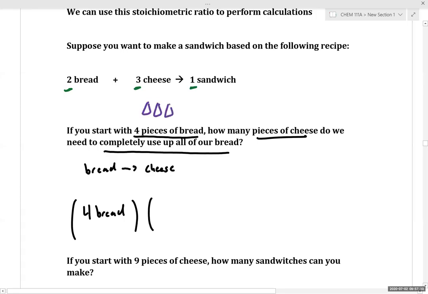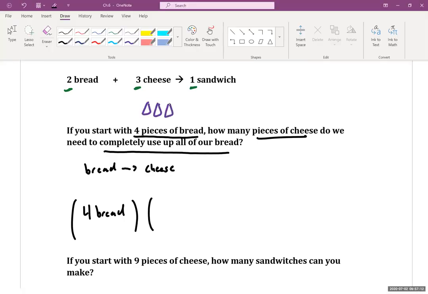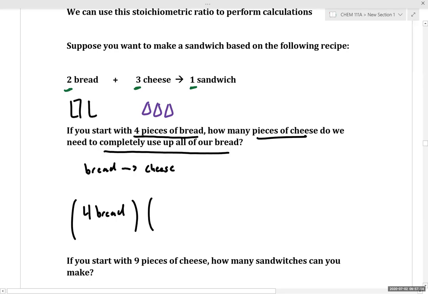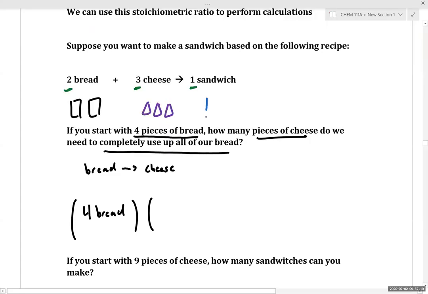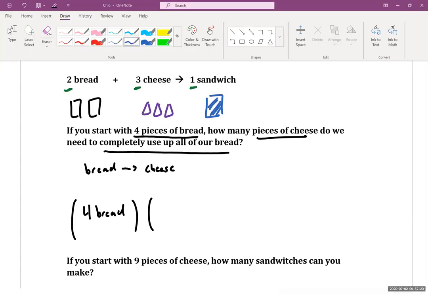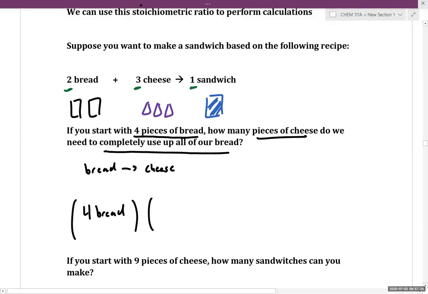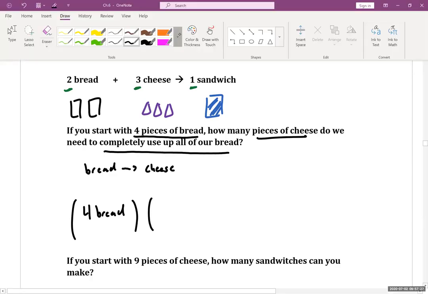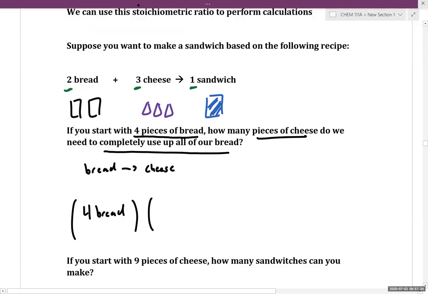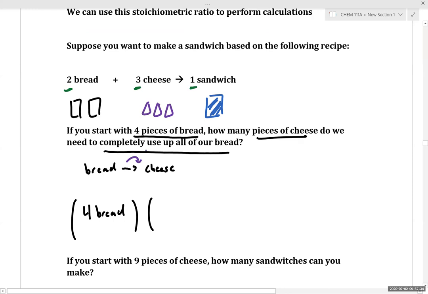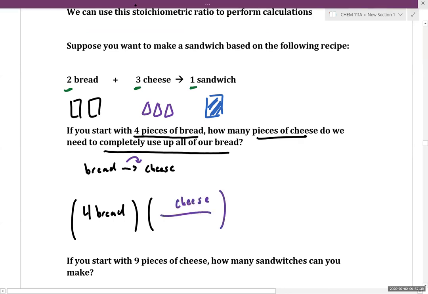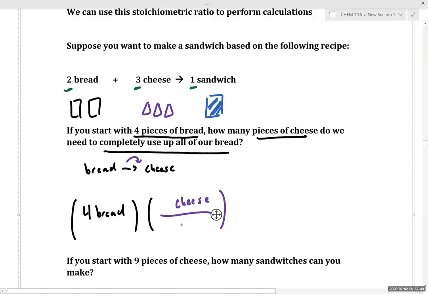Just to help us see this pictorially, I always find drawing a picture of the number of reactants and products helps me keep things organized. So if we have 4 pieces of bread and we're converting to cheese, the units of cheese will be on top. The units of bread will be on bottom.